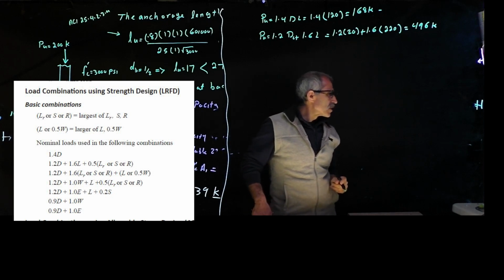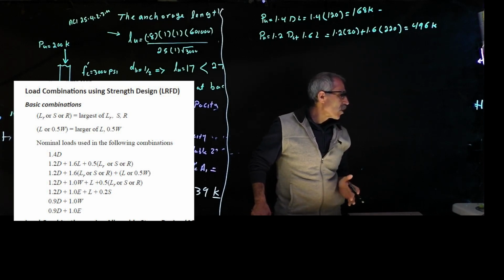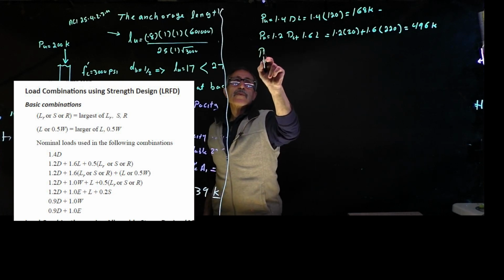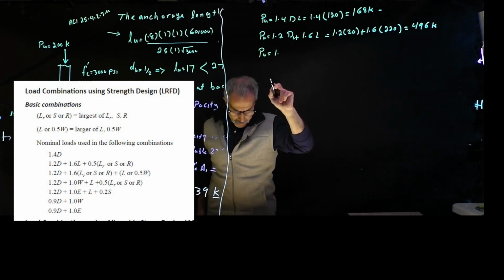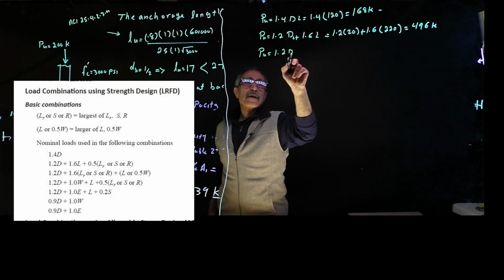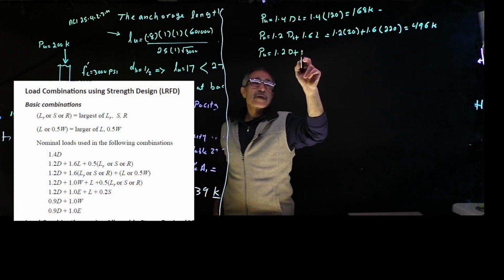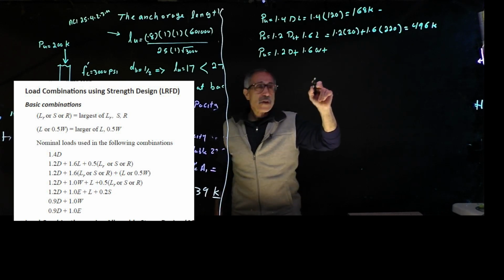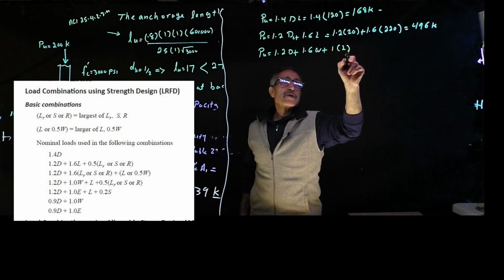Then the next combination, we have a wind load. So we have another combination we have to consider, and that's going to be Pu equals 1.2 D plus 1.6 times wind load plus 1 times live load itself.